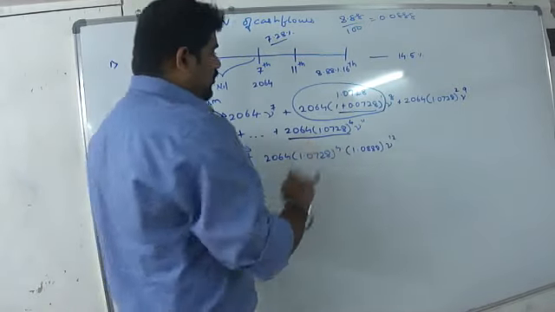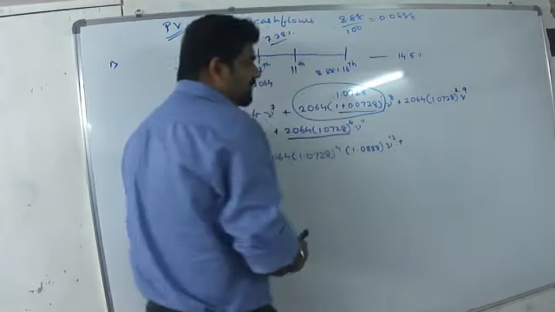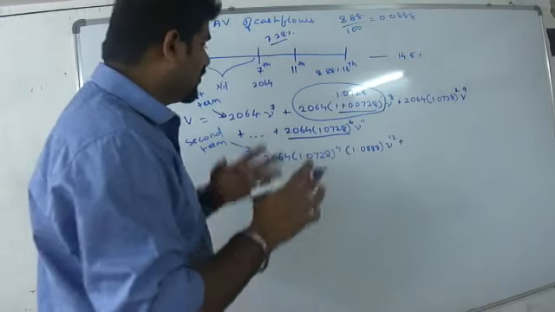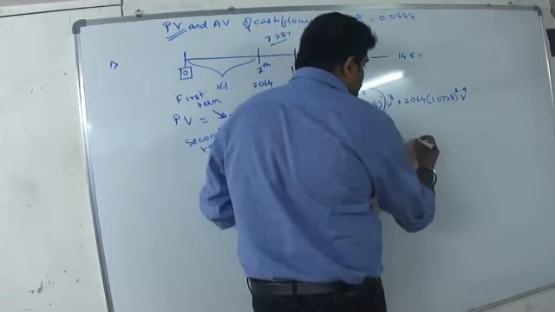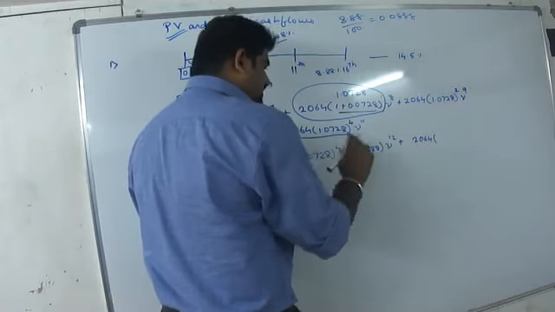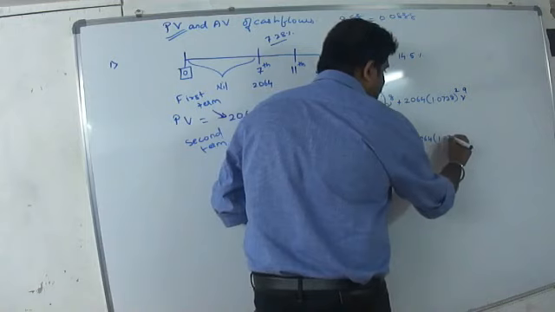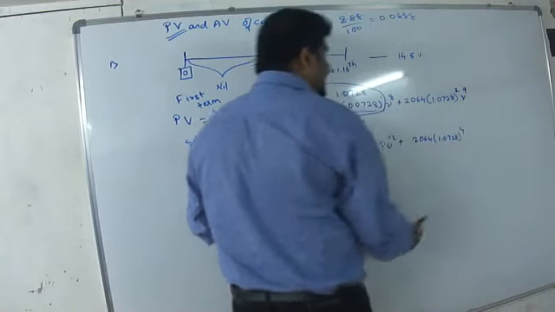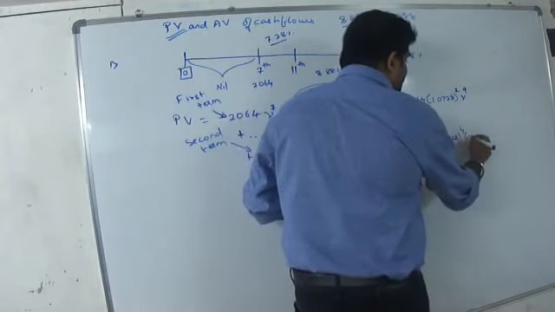Now, what will be the 13th year? Try to see if you can attempt it on your own. You will be getting 2064 into 1.0728 to the power 4, into 1.0888.